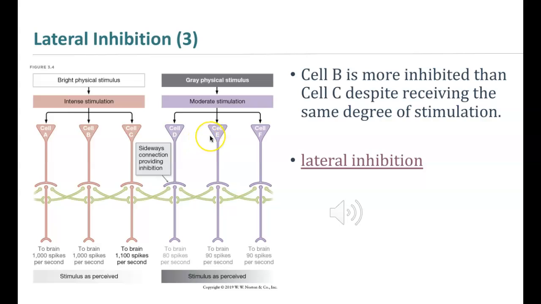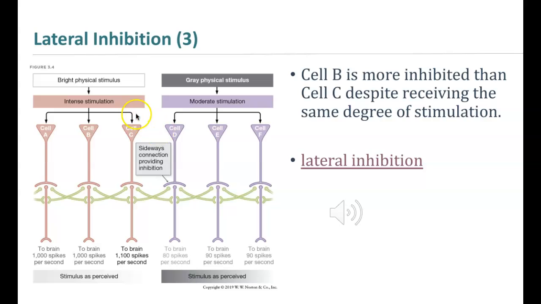And likewise for gray stimuli, okay, so you've got moderate stimulation coming into D, E, and F, moderate inhibition coming in, okay? And then you have cell D, which is getting moderate stimulation, it's getting moderate inhibition from one side and intense inhibition from the other side, okay?